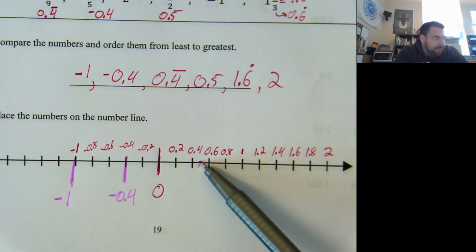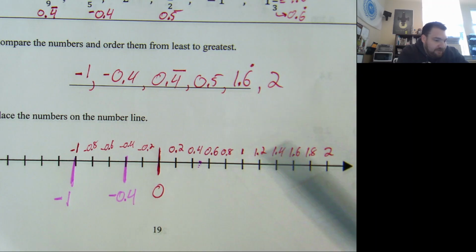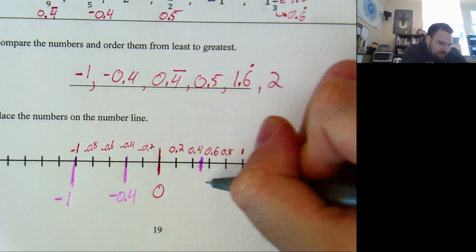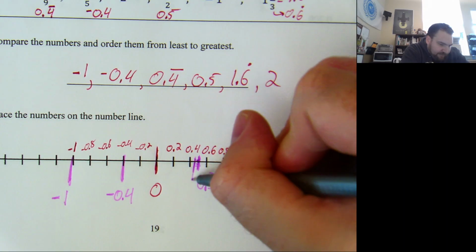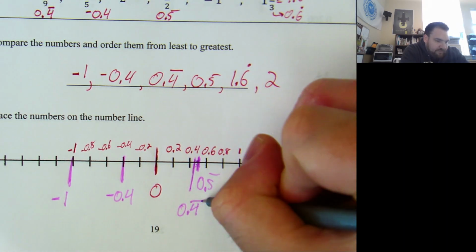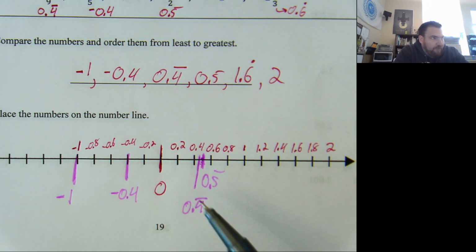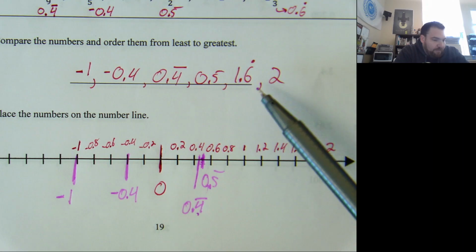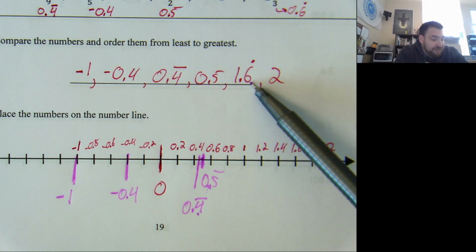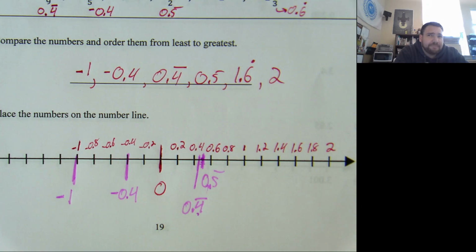What is exactly in the middle between 0.4 and 0.6? Yeah, that's where the 0.5 is going to go. So 0.4 repeating is going to go just beside that. Because 0.4 repeating is 0.44444444. So that's almost 0.5, but not quite. 1.6 repeating is going to go where? Sorry? Say it louder.